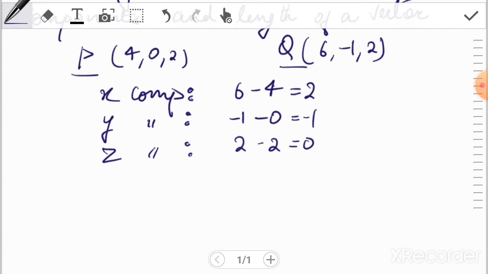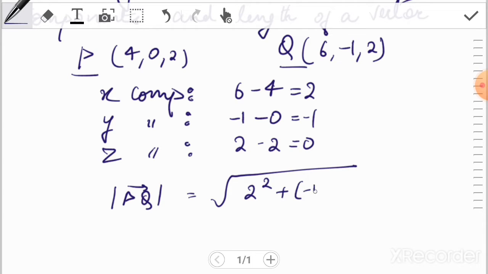And this vector will have magnitude as square root of 2 square plus minus 1 square plus 0 square, or x component square plus y component square plus z component square, which is root 5.